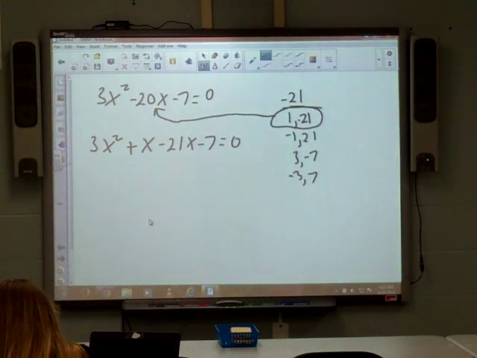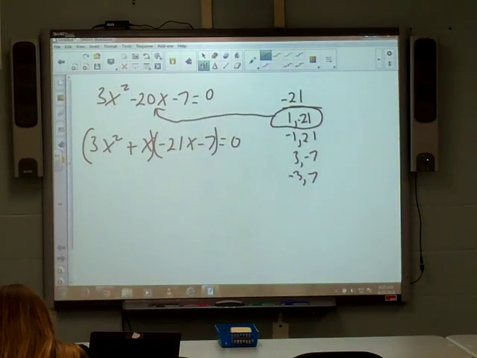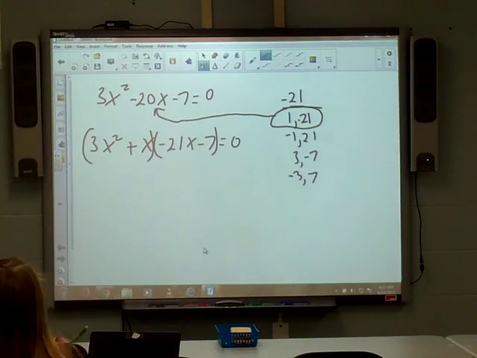Alright, now I've got 4 pieces, 4 terms. Once you get to 4 terms, you're going to group them 2 by 2, so I got that grouped up. After we get our 2 groups, you're looking to factor those 2 groups. That first group says 3x squared plus x.